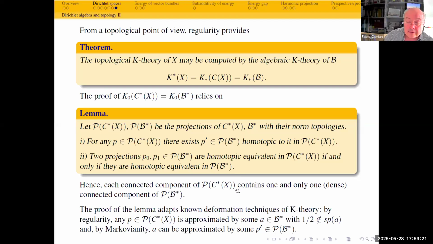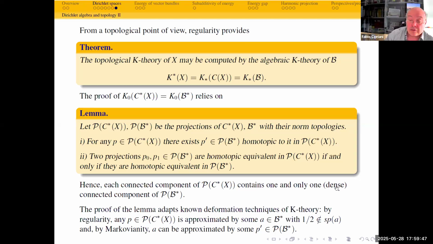So these are the consequences that each connected component of the space of projections on the C-star algebra contains one and only one connected component of the space of projections of the Dirichlet algebra, within their respective norm topologies.